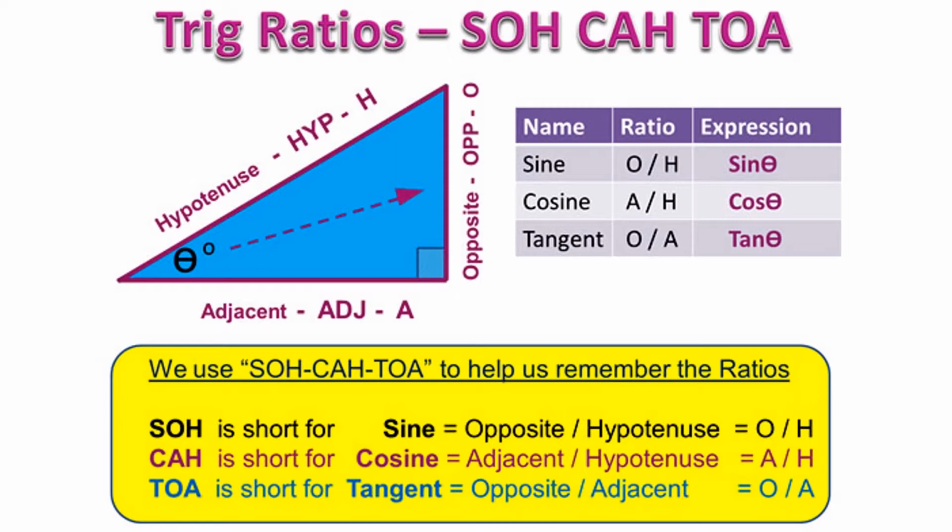Adjacent side upon hypotenuse is given the name cosine. Opposite side upon adjacent side is given the name tangent. The short form for sine is sin theta, the short form of cosine is cos theta, and the short form of tangent is tan theta.